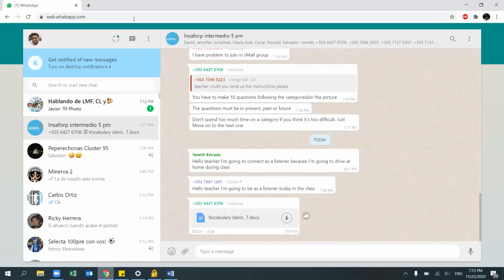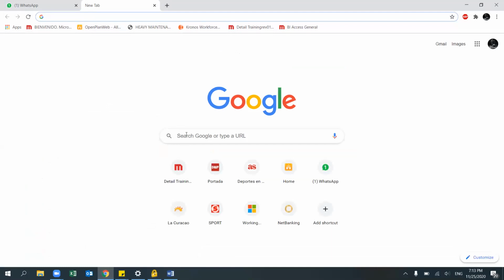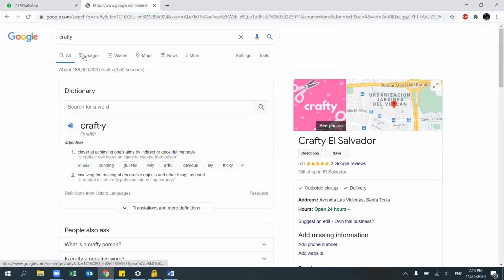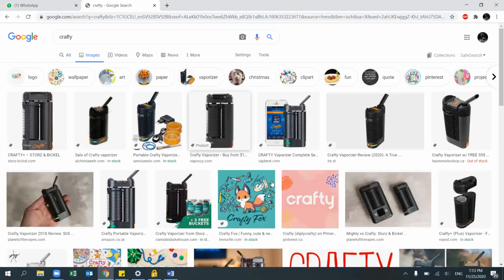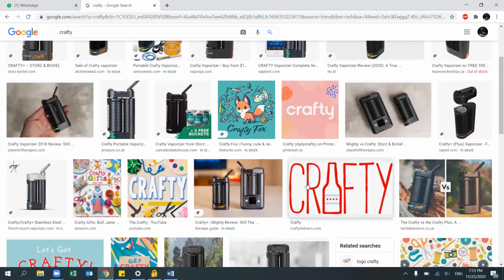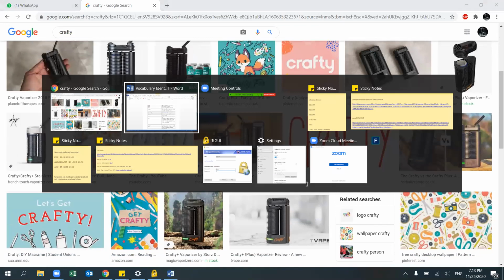And we're going to go to Google image and crafty. Crafty is like good papers or something.